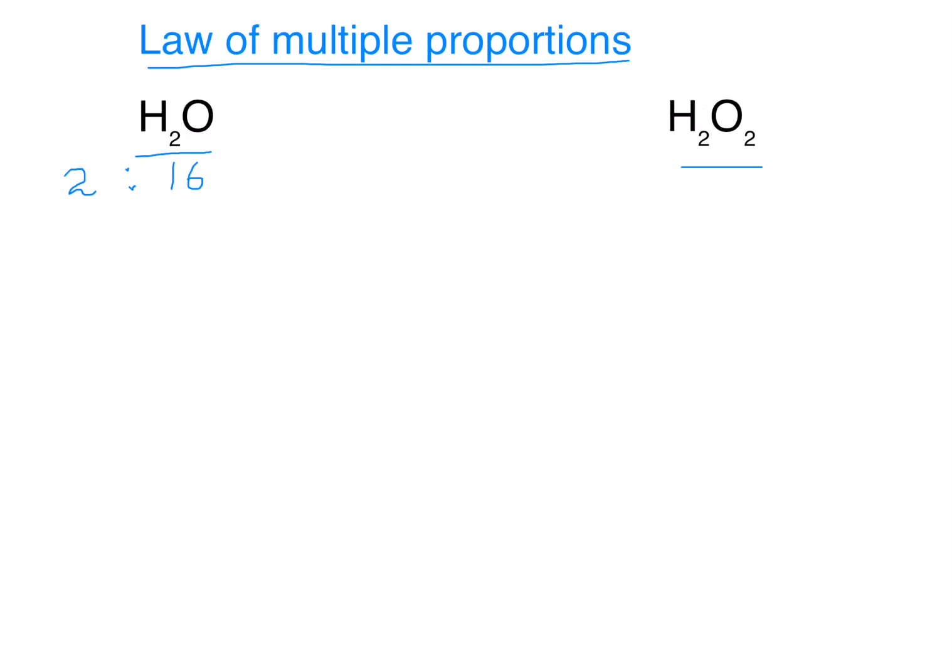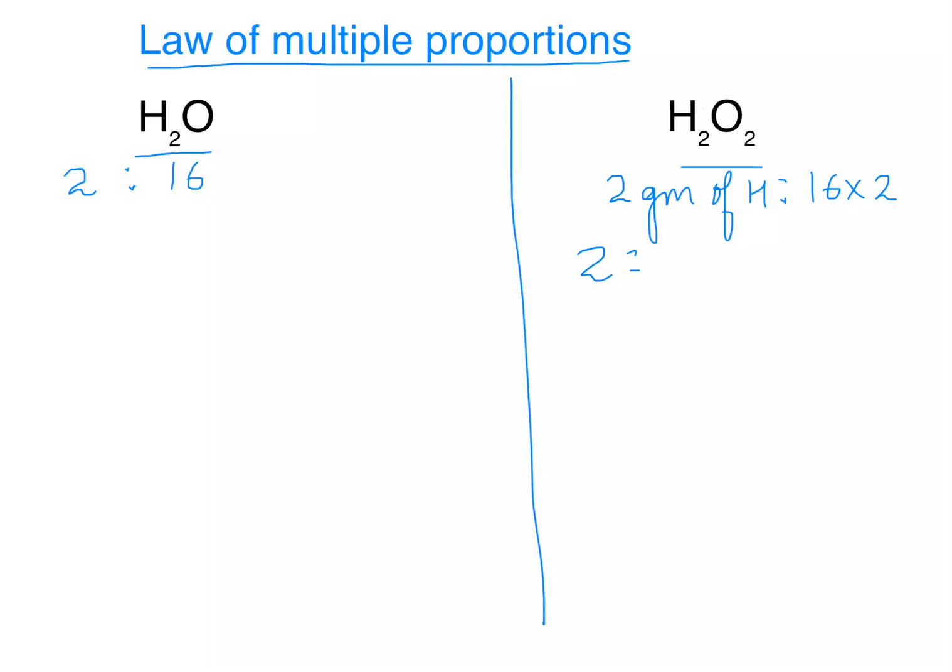Let's see what is there on the right hand side. Here there are 2 grams of hydrogen combined with 16 into 2, that is 32 grams of oxygen. So the ratio of hydrogen to oxygen over here is 2:32. One of the elements is taken constant. Let's suppose I am taking 2 grams of hydrogen as constant.